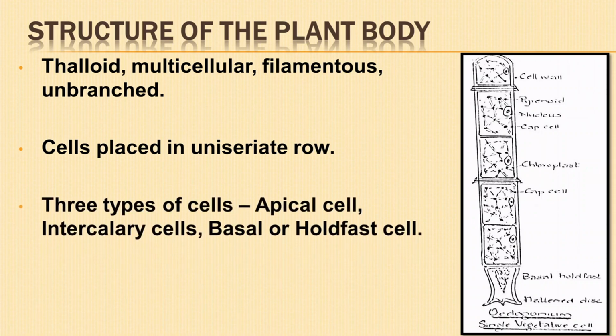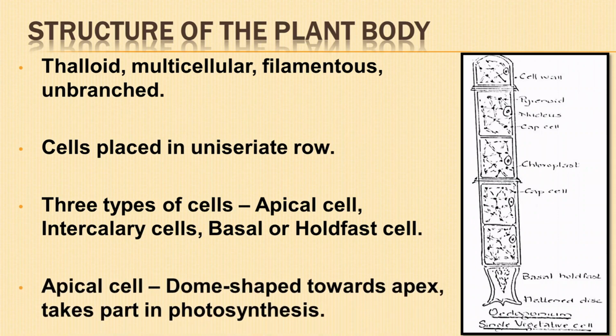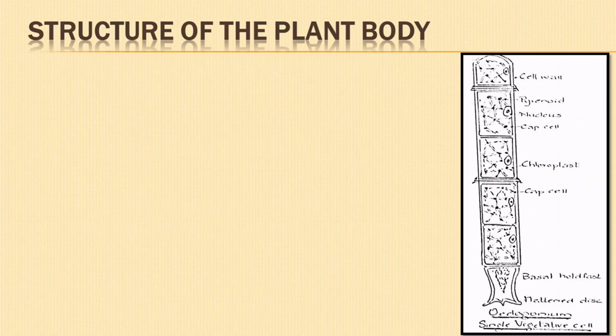The thallus is made up of three types of cells: apical cell, intercalary cell, and basal cell or holdfast cell. The apical cell is the topmost cell, rounded or dome-shaped towards the apex. It is green in color and takes part in photosynthesis.